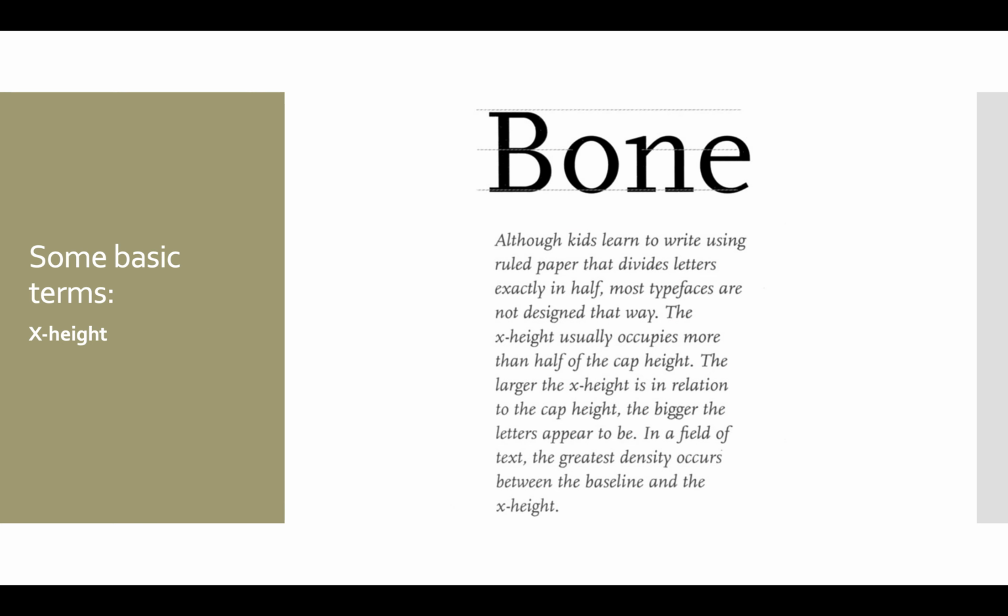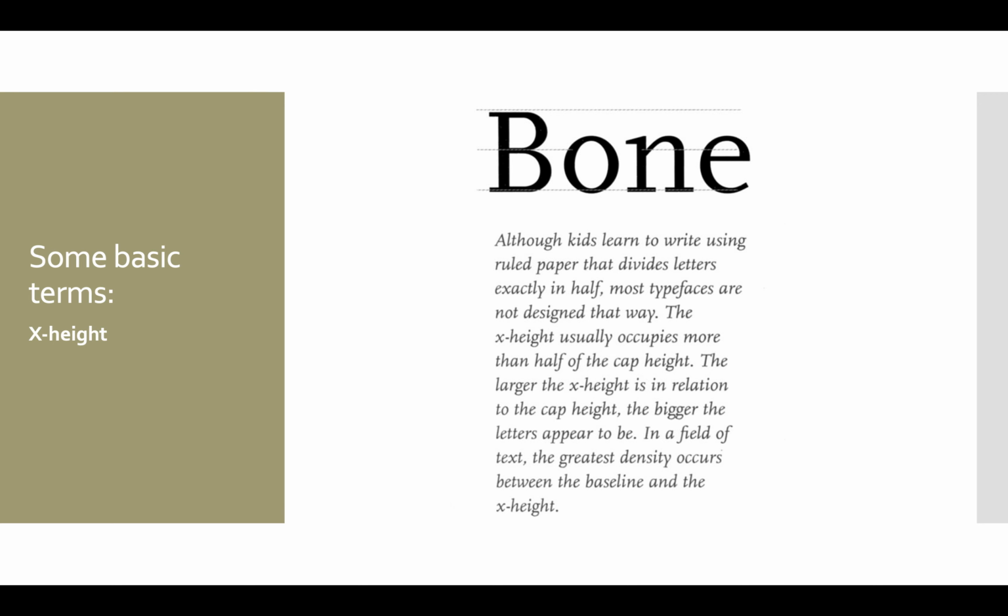So here we can see the reason that we have the X height being the height of the X, rather than, say, going from the cap height and doing half of it, is that, unlike how we were taught in school, we don't actually write letters in this grid that's even between the top of the capitals and the bottom of the words. Usually, the X height is actually more than half of the distance between the cap height and the baseline, as you can see here with the word bone.